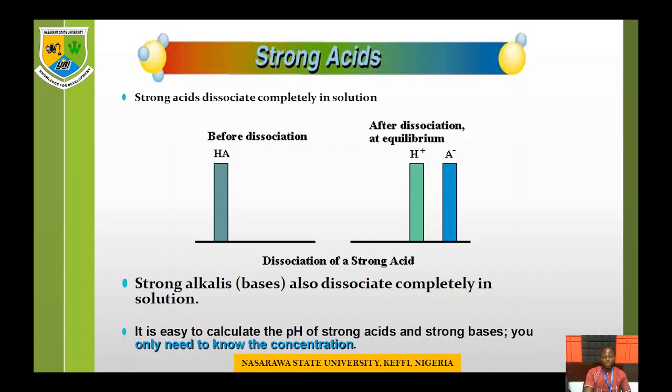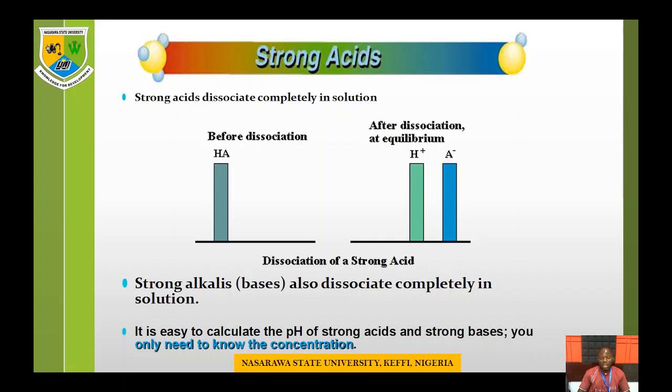So strong acids and strong bases. What makes an acid a strong acid? An acid is said to be strong when it dissociates completely in solution. Then strong alkalis or bases also dissociate completely in solution.